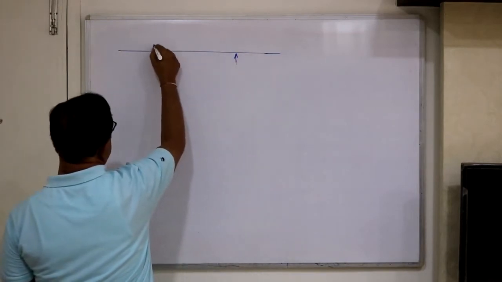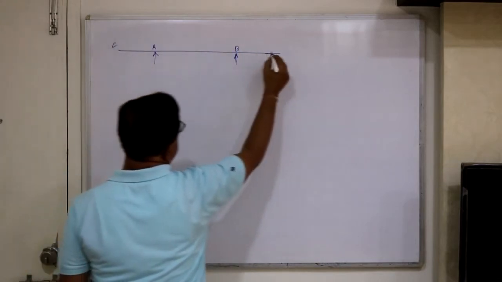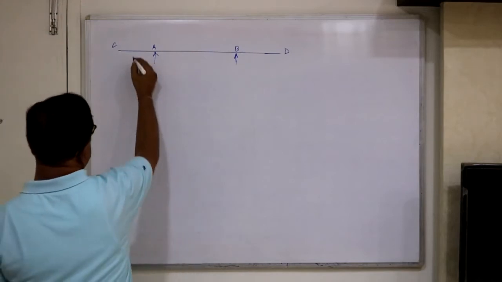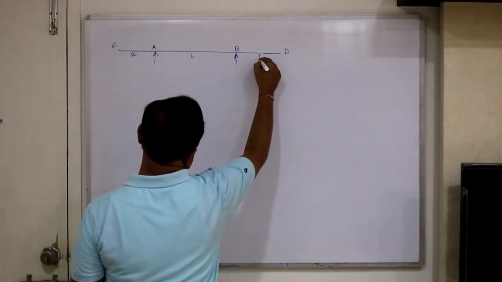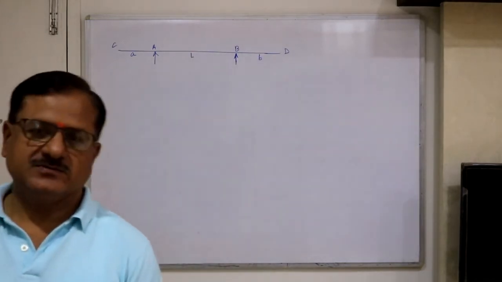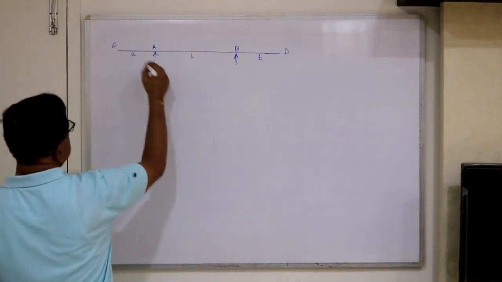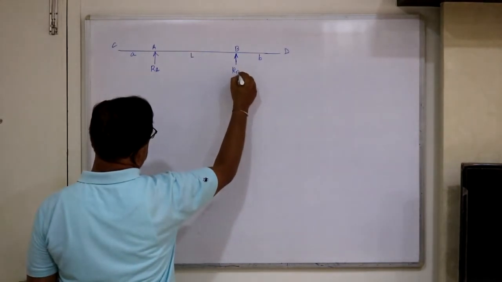Say this is AB and this is CD. Say this is A, this L, and say this part is B. Right? Now, what are the possible ILDs here? That is reaction RA, reaction RB.